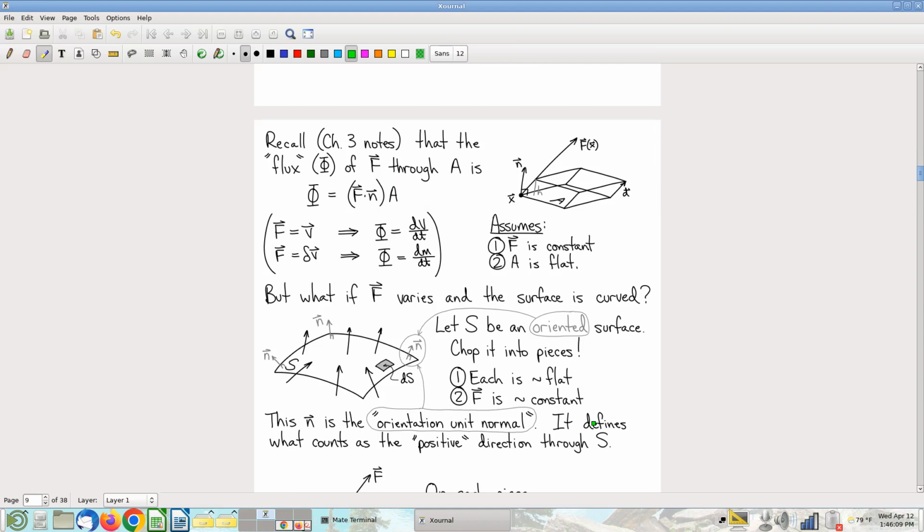And then we tried to apply the same concept to flux. Reminder from chapter 3 that flux involves this formula, and we motivated it by thinking about a vector field representing the flow of a fluid, but of course this quantity exists independent of how you're thinking about it. It's just a definition.